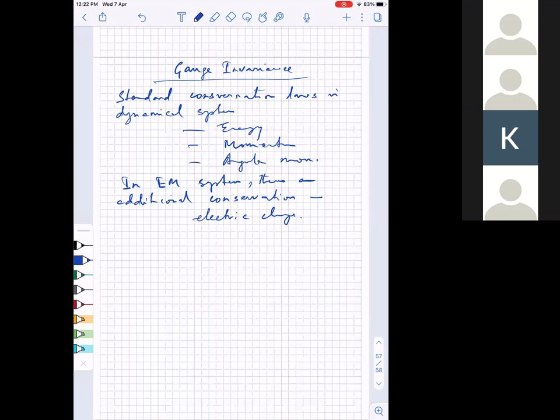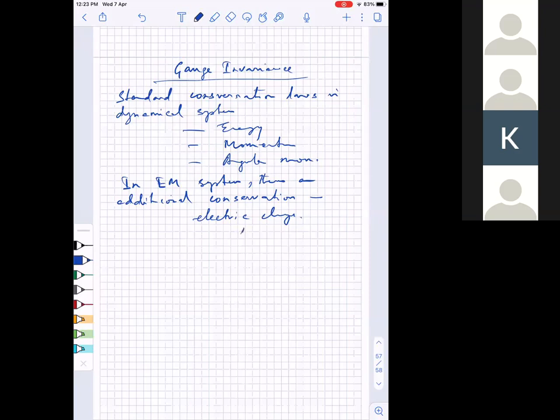So there is one more conservation, that is the conservation of the electric charge. And this conservation of electric charge can again be connected to some invariance of the Lagrangian. And it turns out this is connected to the invariance of the electromagnetic field related to the potential.